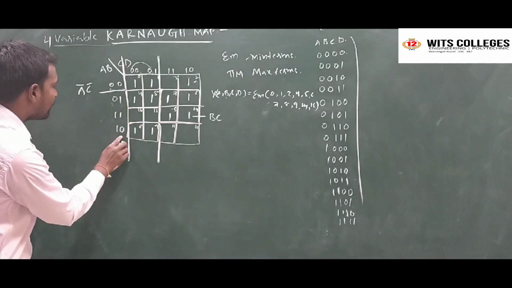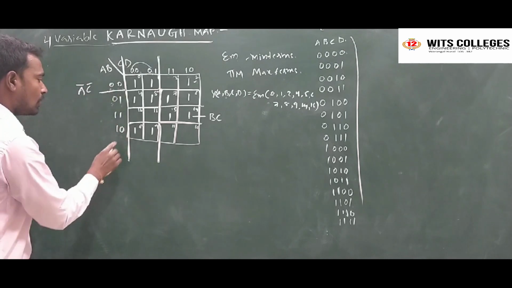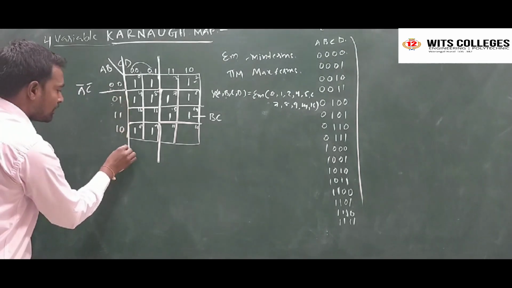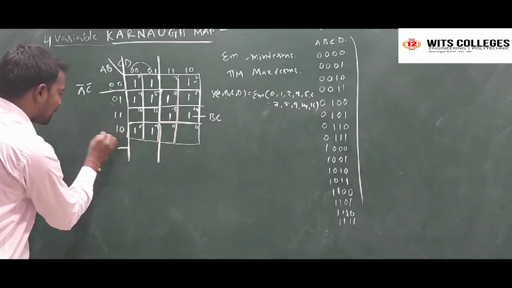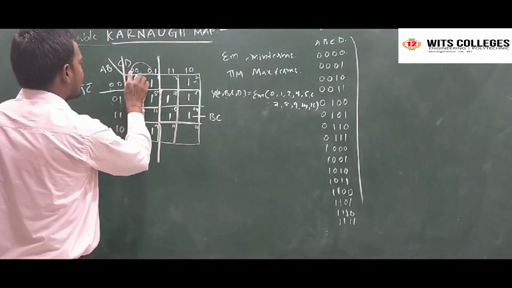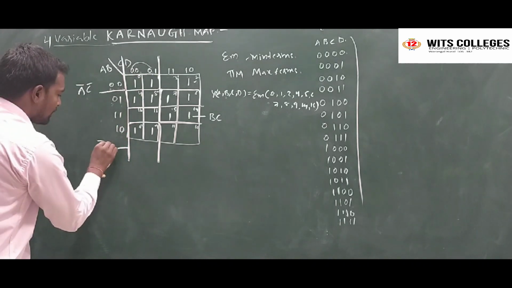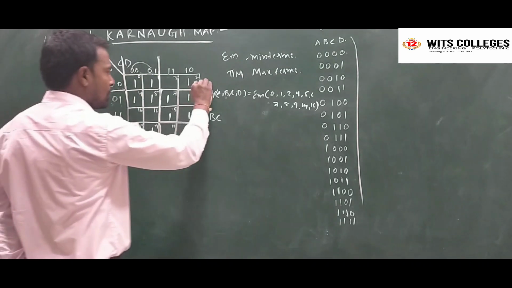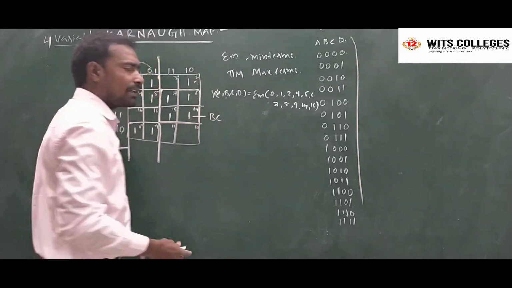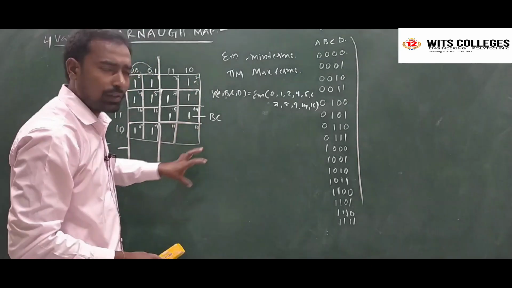Coming to this side 1 0 and 0 0, then we will get 0 as a common, that indicates b bar, and coming to this side 0 0 0 1, here we have a common, that is 0, that is c bar. Okay, so that the cell gives the actual variables.